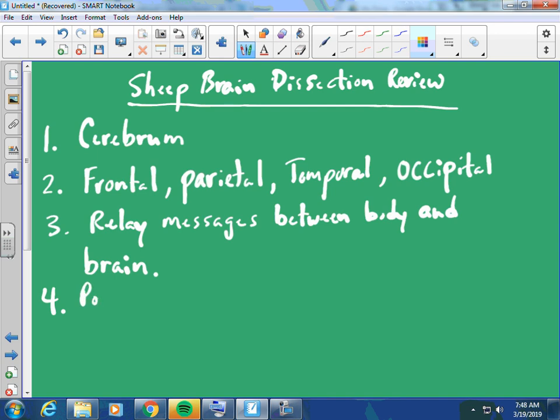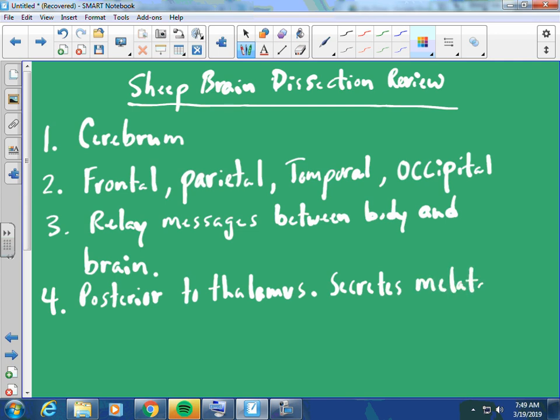The pineal gland is just posterior, just behind it. So posterior to thalamus. And what it does is secretes melatonin. And because of that, it's involved with our day-night cycles. Okay, so secreting melatonin can actually help us sleep better.